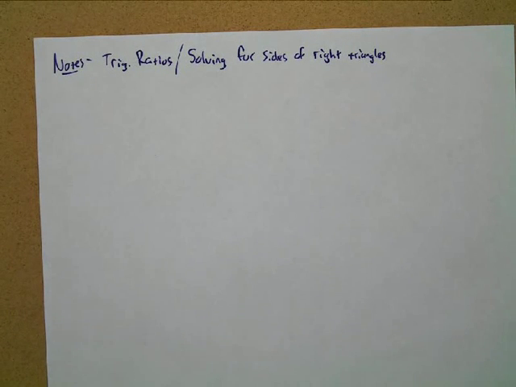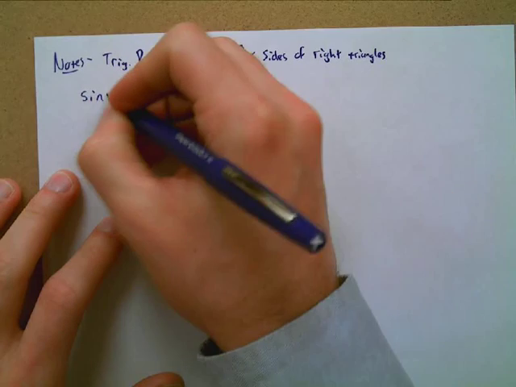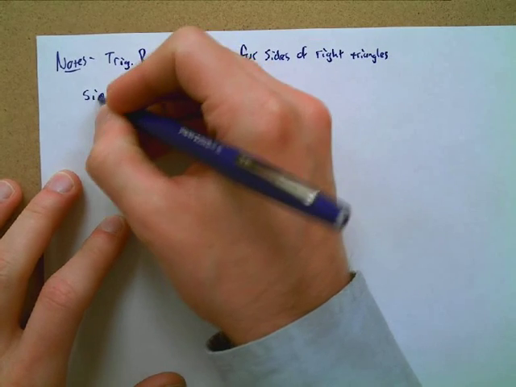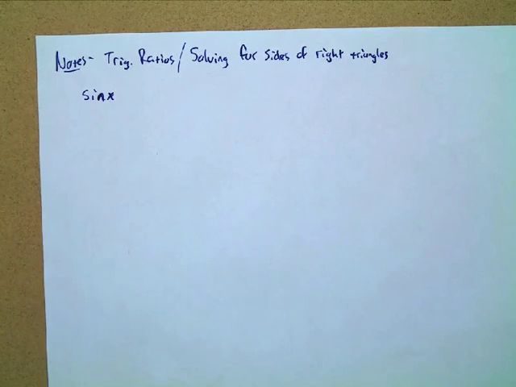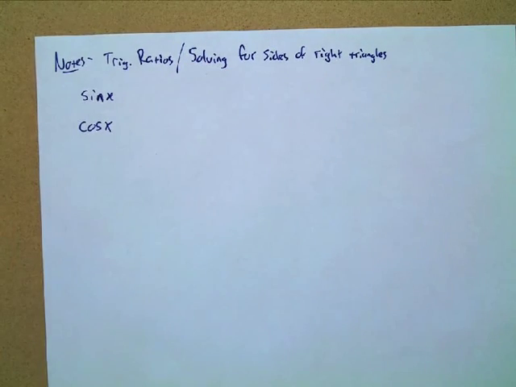So we've got our trig ratios, right? I'll reintroduce these to you. Sine of an angle x, cosine of x, and then tangent of x.